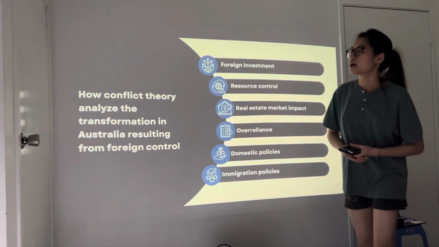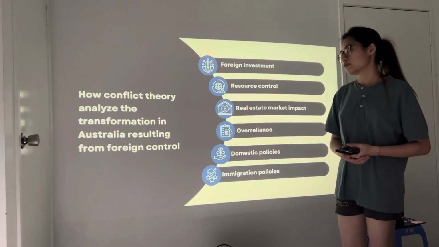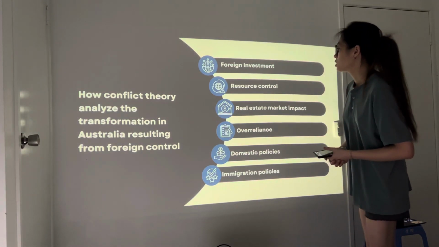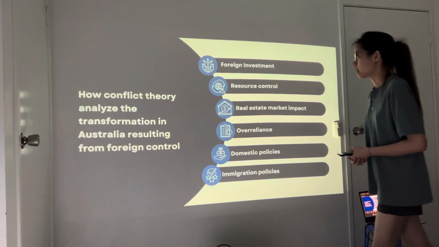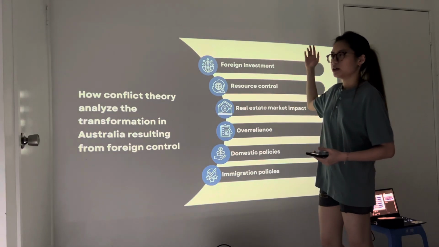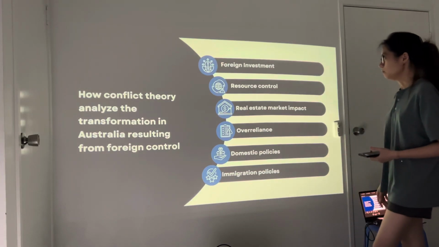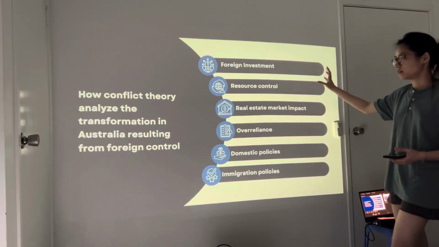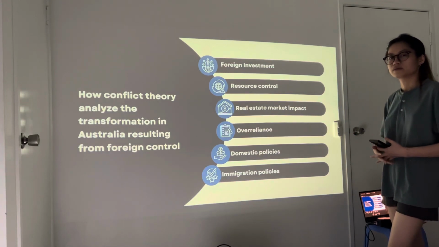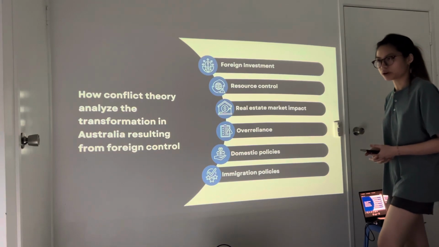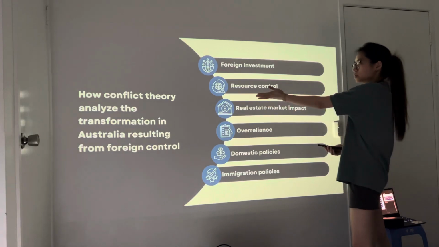How does conflict theory analyze the transformation in Australia resulting from foreign control? Conflict theory believes that these categories will definitely impact the Australian economy. For example, foreign investment, where a lot of multinational corporations have come into Australia and taken over resource control.